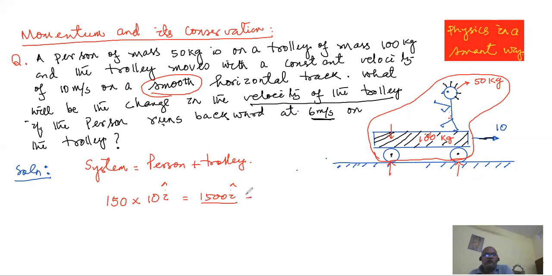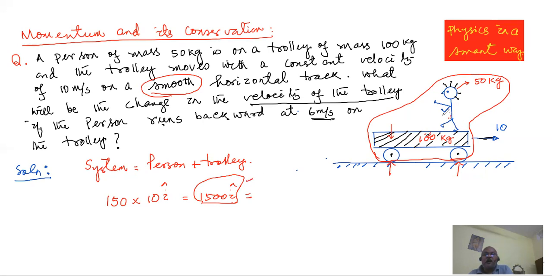That was the initial momentum when he had not started to walk. Since no net external force acts, momentum will always maintain itself at that value.